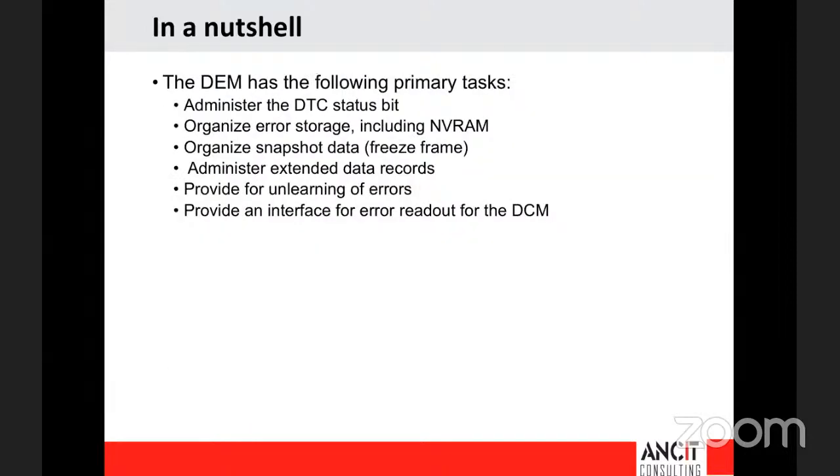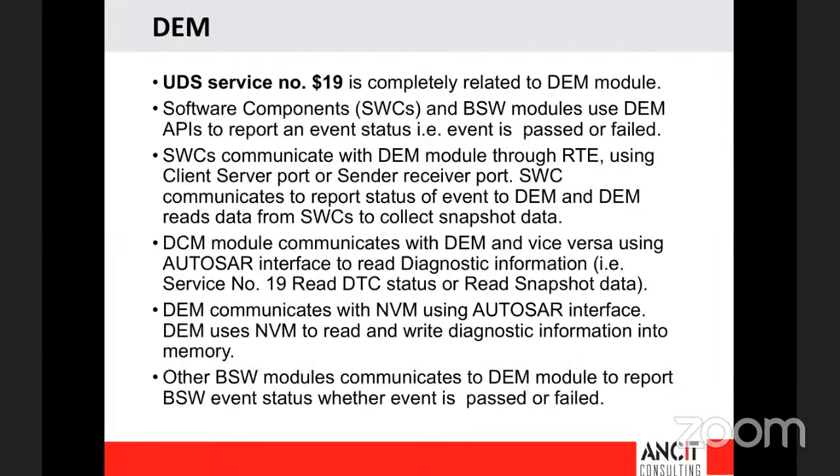I just want to make the point that UDS service number 19 is completely related to the DEM module. I will stop the discussion here, and we will extend it when we come to the DCM module. But as of now, UDS service number 19 is related to the DEM module.